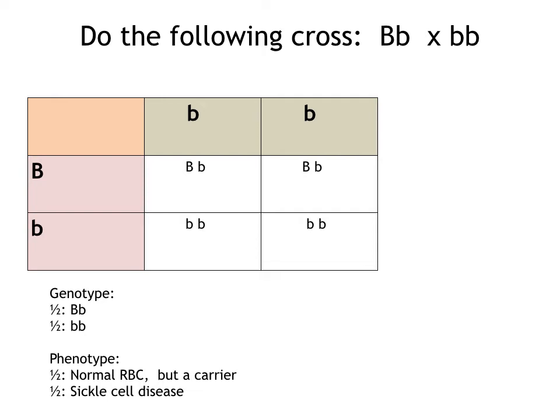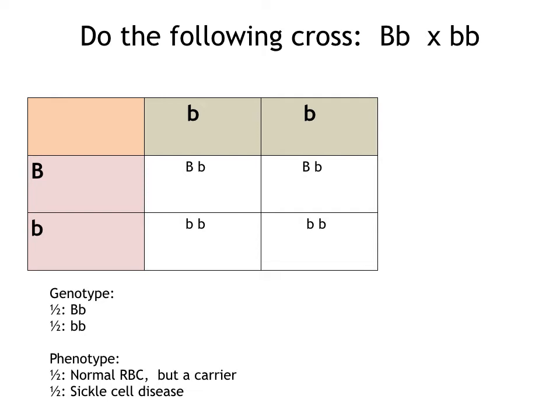Then when the second baby comes, that baby will have a 50-50 chance of being one or the other genotype. It doesn't mean that if baby 1 was big B, little b, that baby 2 must then be little b, little b. It's the 50% chance for each new event. I hope you understand that.